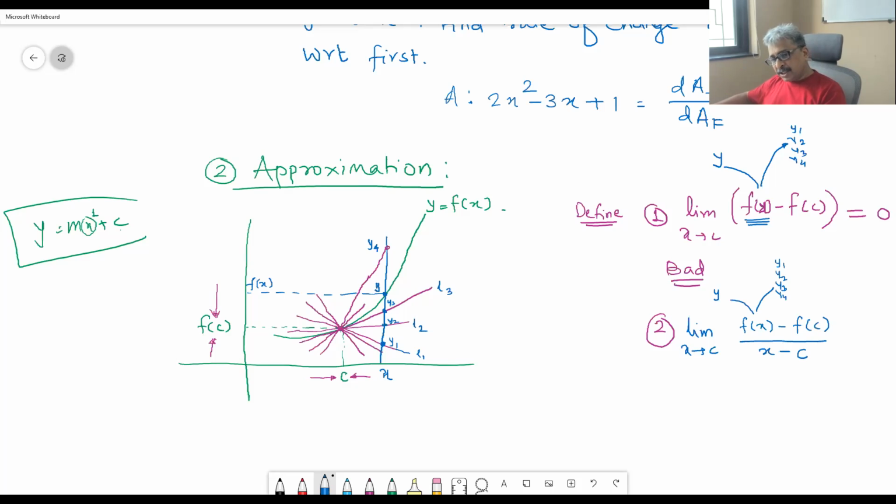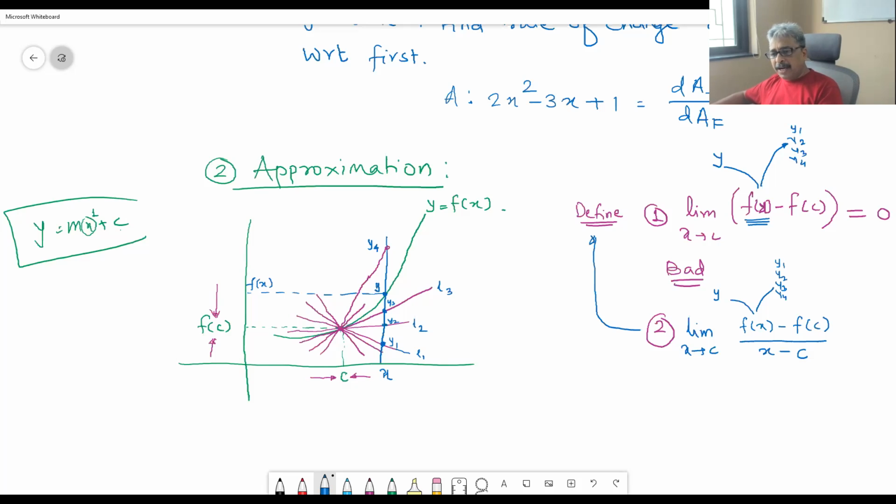So additionally, this denominator will help me in avoiding this situation for every straight line, and therefore I could define my approximation like this.